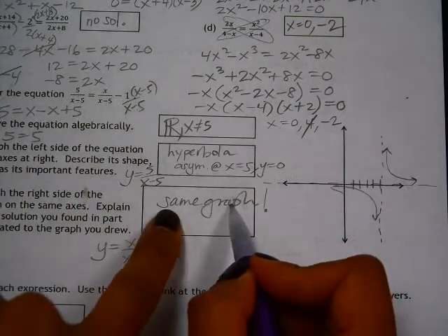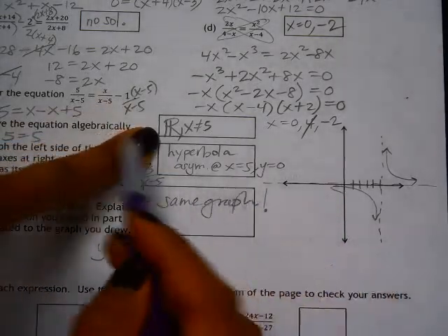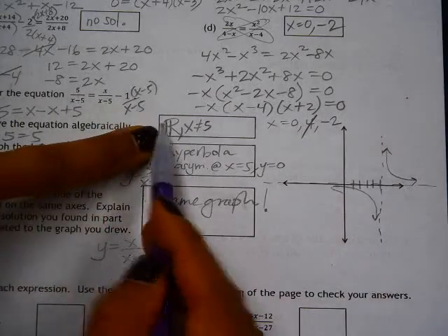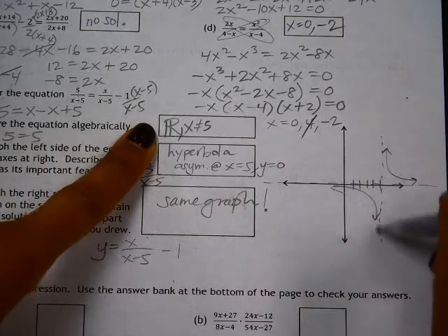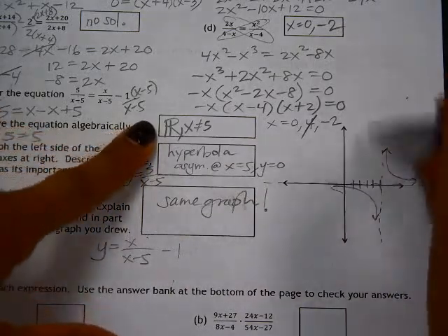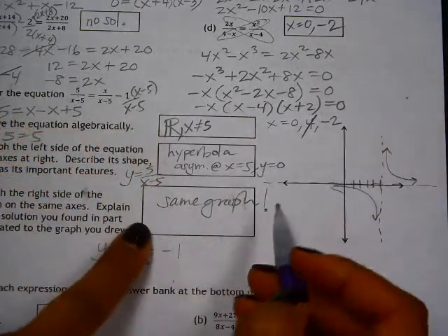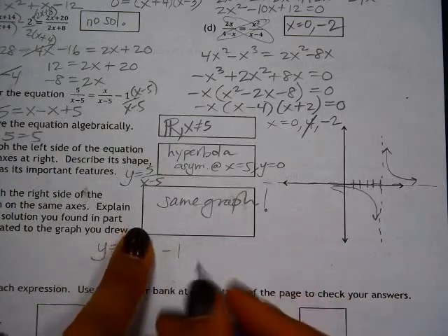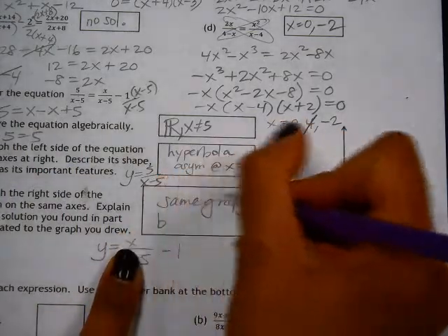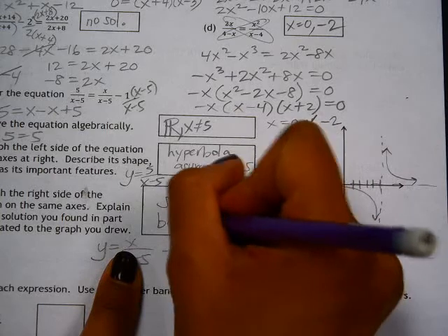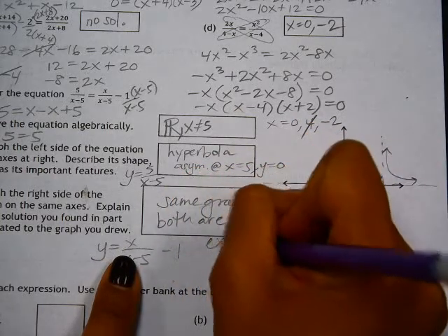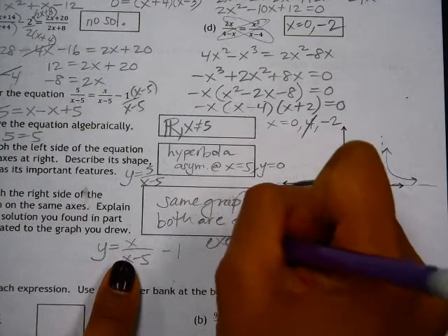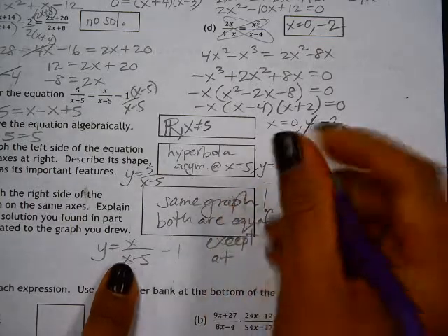So they're the same graph, which is why the two sides are always equal, all real numbers, except at the asymptote of x equals 5. So if we're describing this, we can say same graph, both are equal, except at the asymptote.